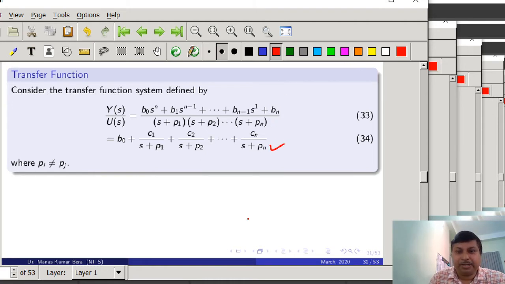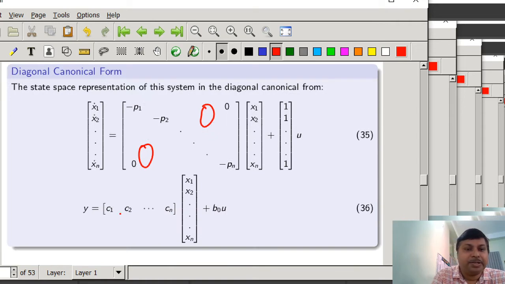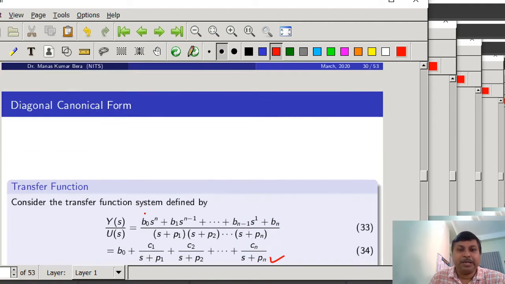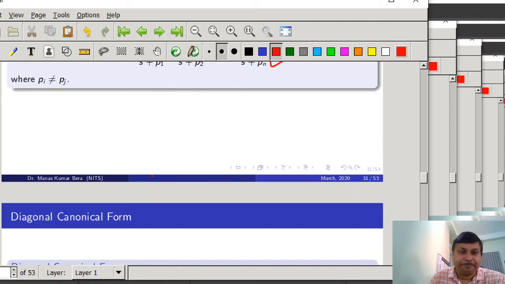In the B matrix, all the elements are 1, and in the C matrix, c1, c2, cn are the entries, which are the same c1, c2, cn that appear in the partial fraction expansion.